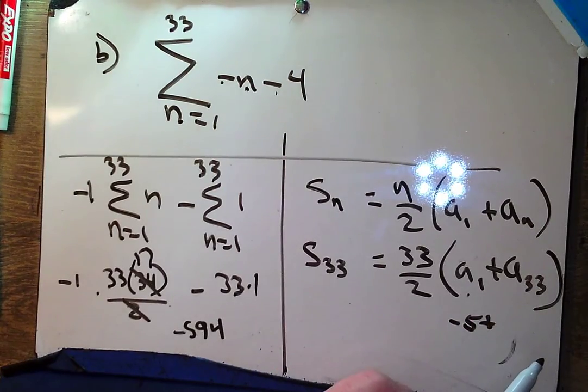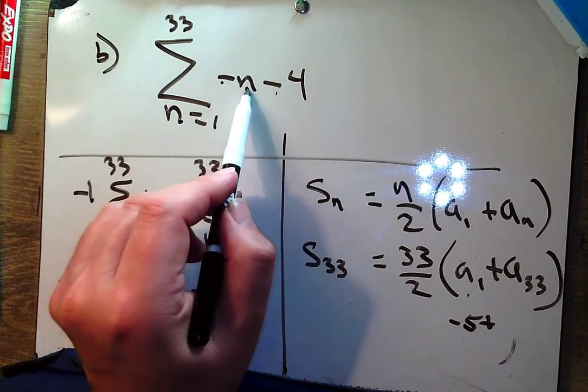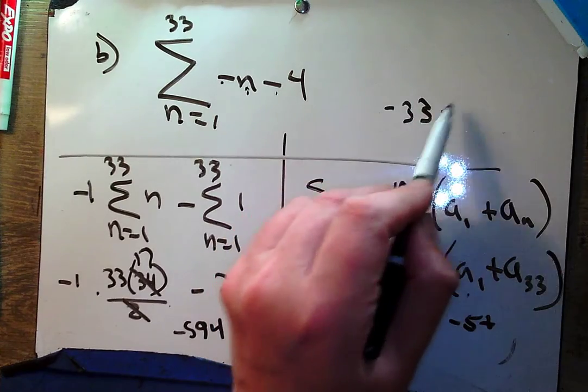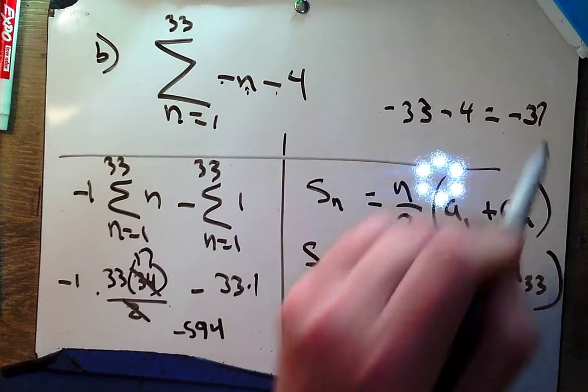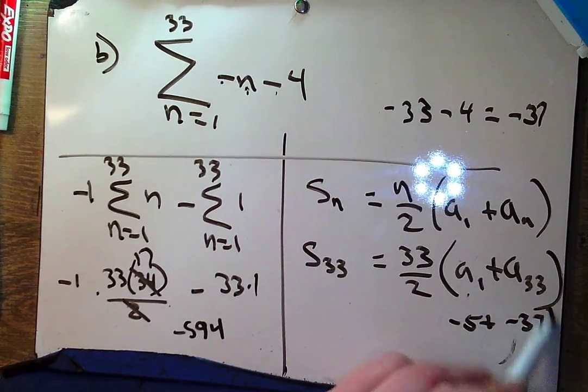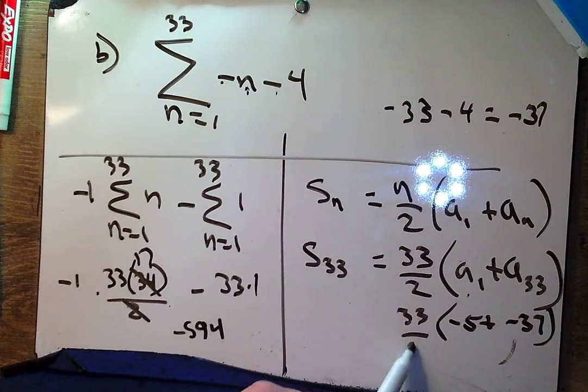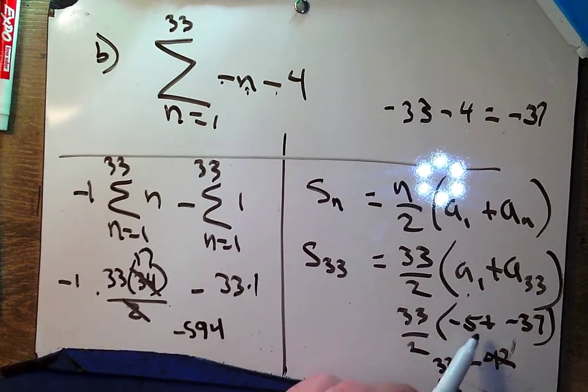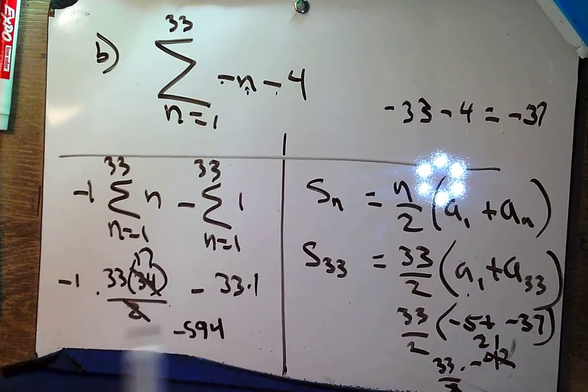And what about a sub 33? Well, I plug a 33 in now. So minus 33 minus 4 is minus 37. Okay, so that's going to be minus 42 times 33 over 2. And it'll become minus 21 times 33.